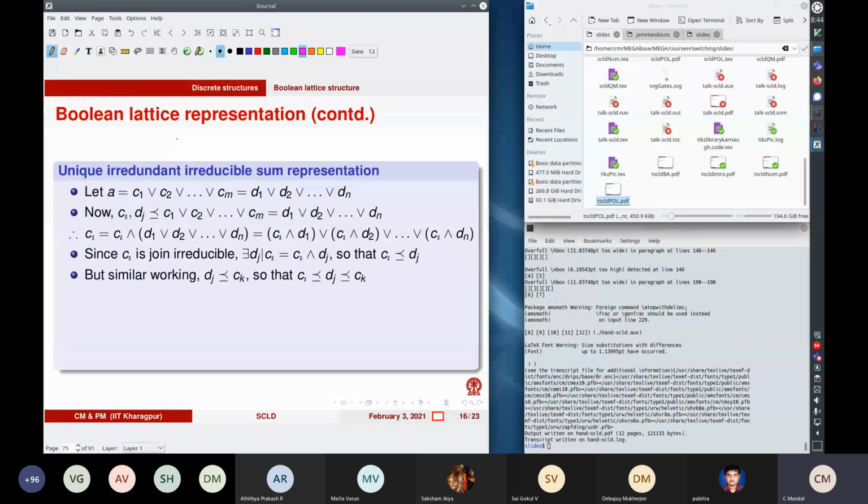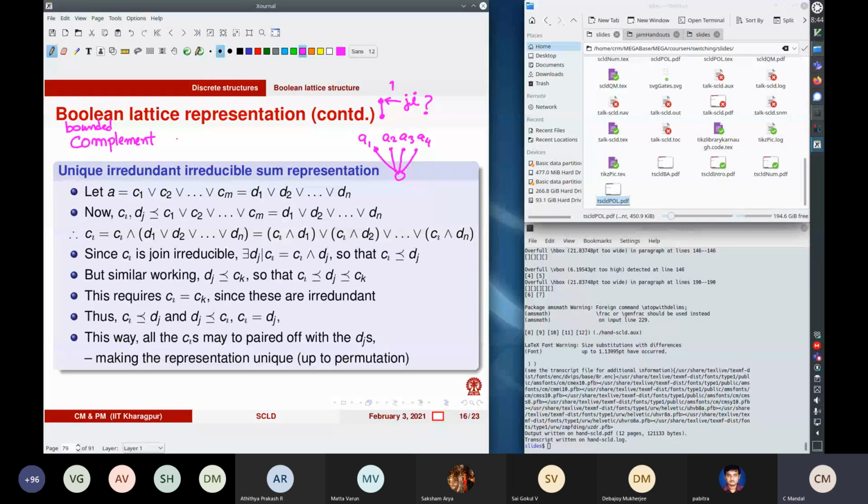Bounded, complemented, and distributive. So can you have an irreducible element somewhere in between? So note that in this situation you have unique complements.